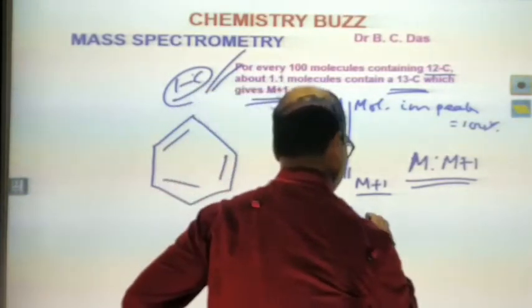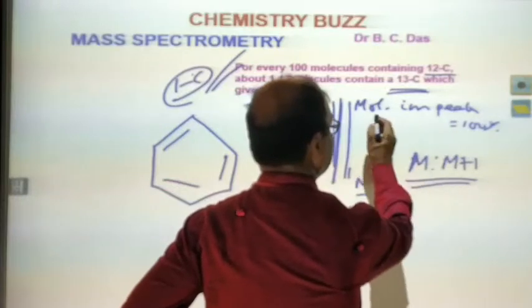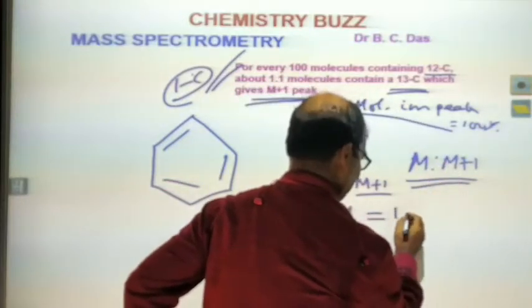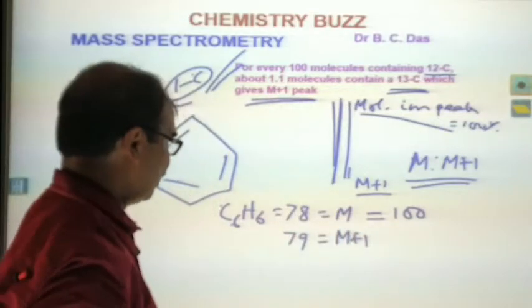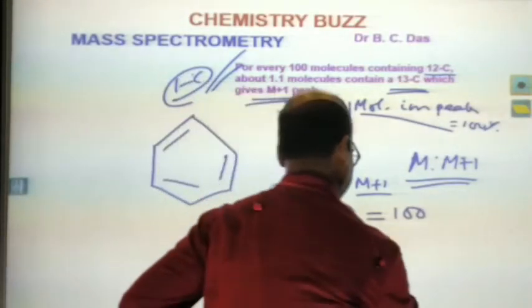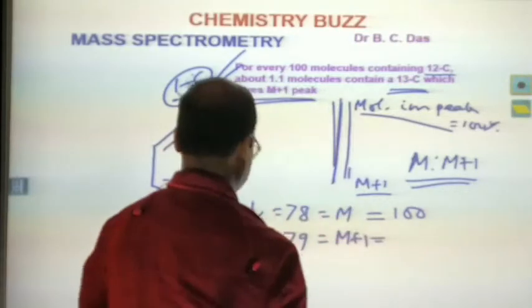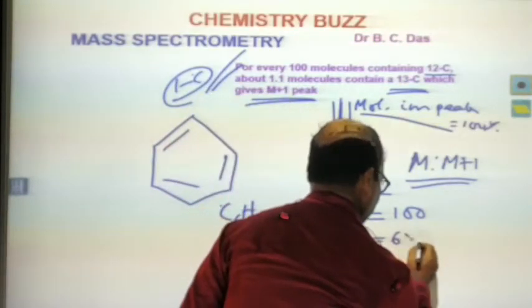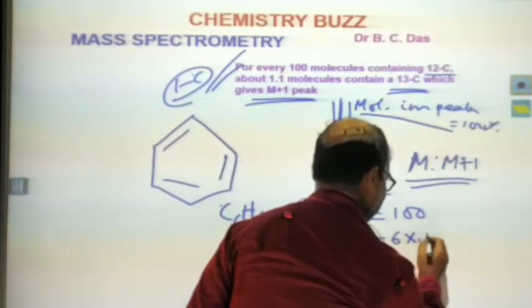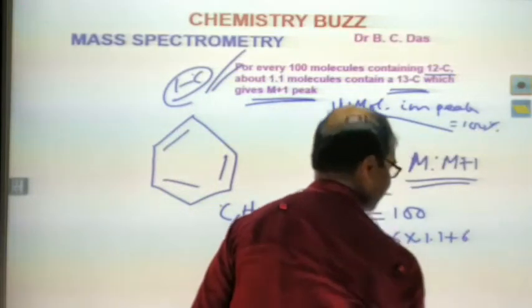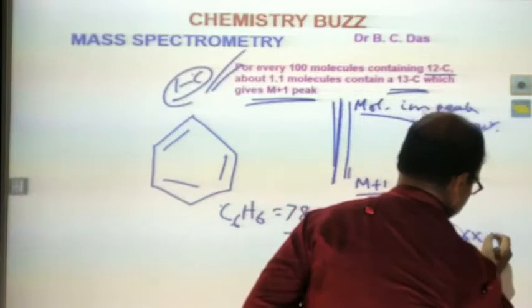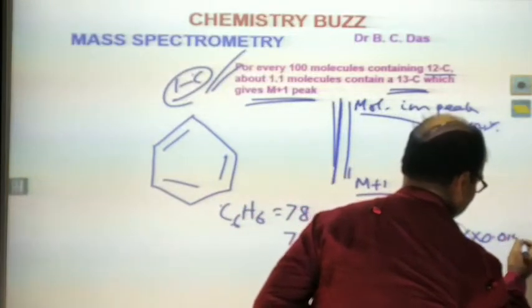The M peak relative intensity we take as 100, and then we calculate M+1. So the M+1 peak is calculated as 6 carbon atoms into 1.1 plus 6 hydrogen into 0.015.